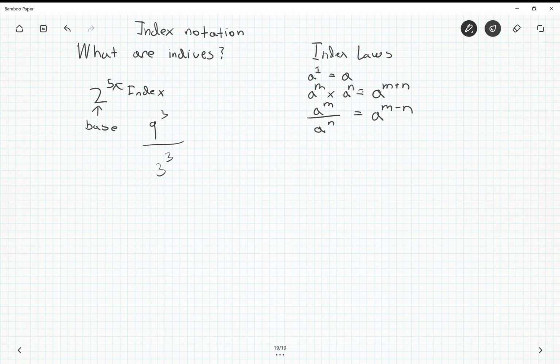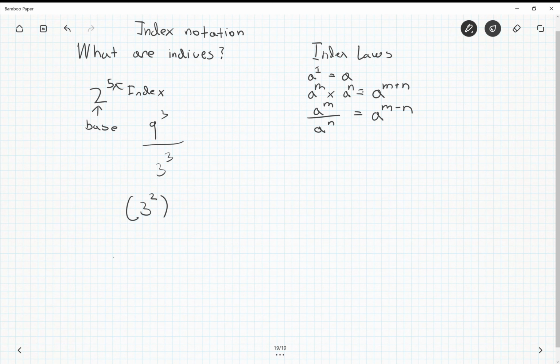Actually we can, because 9 can be said as 3 to the power 2.